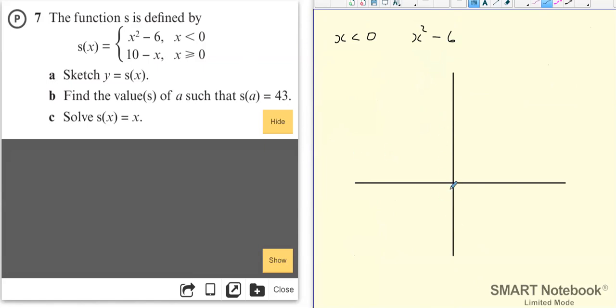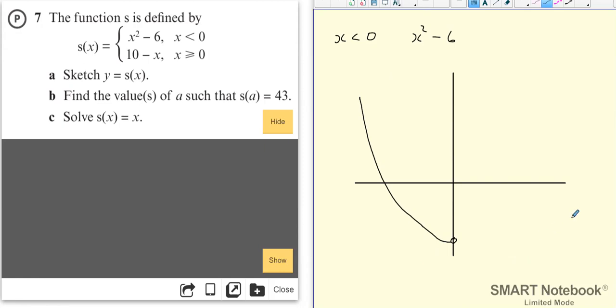So at 0, we're actually going to start at 0, but we are not including the 0 value. So we're going to have an open circle and it's going to look like a quadratic there. Does that make sense for x is less than 0? Can you please let me know?